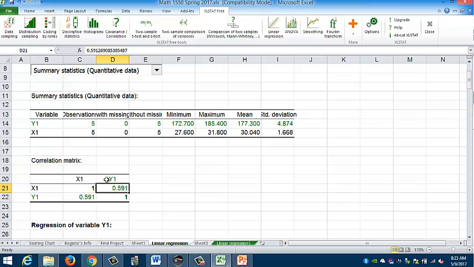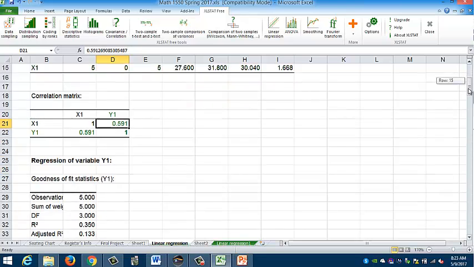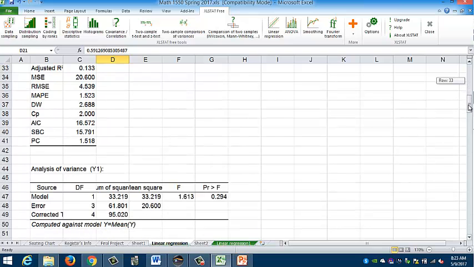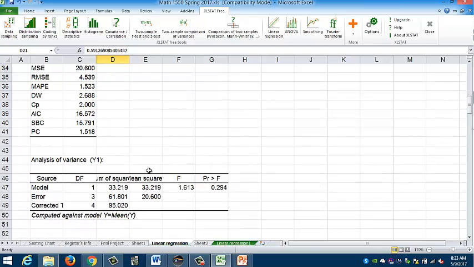And as a matter of fact, your p-value, they give down here, it's always in this analysis of variance. You'll see this row that says model. If you go to the very end here, that is your p-value. It's 0.294.